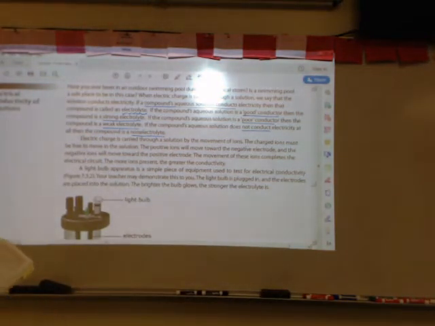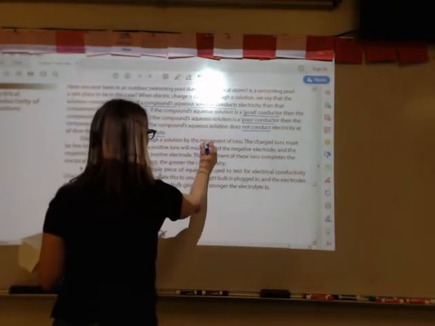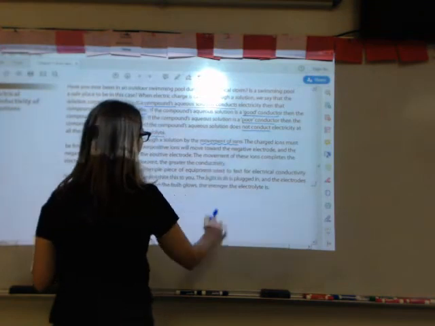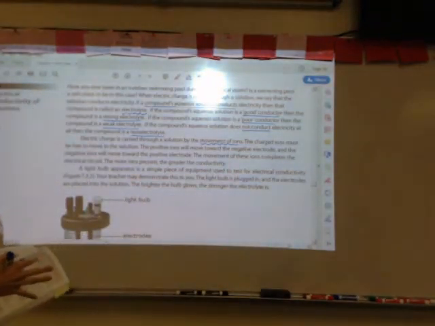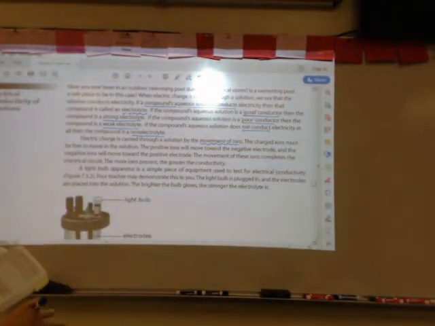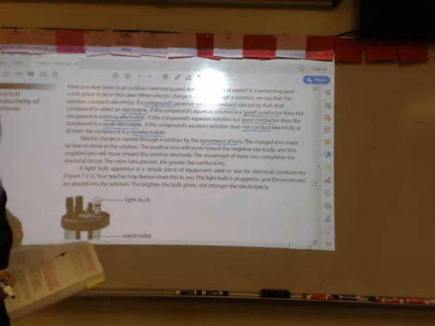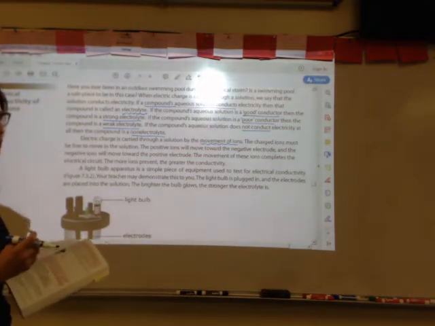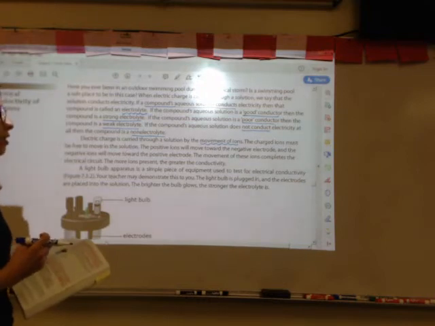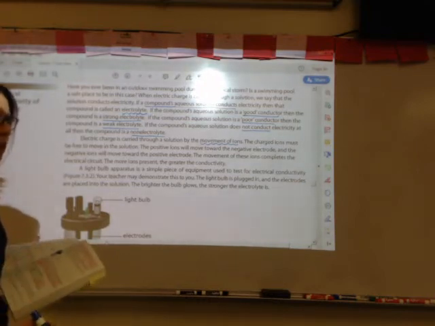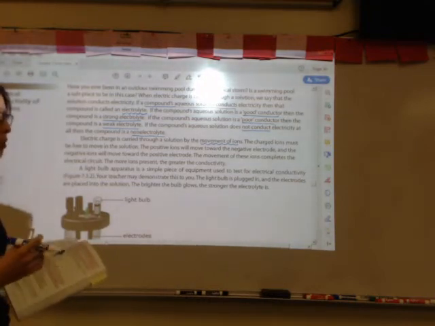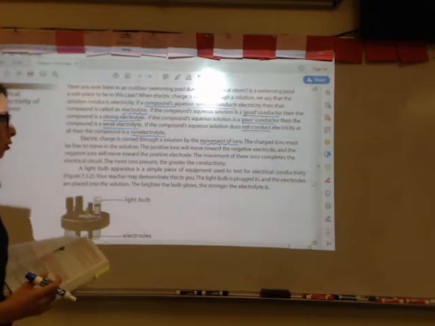Electrical charge is actually carried through the solution by the movement of ions, so you have to have freely moving ions to conduct electricity. Some questions related to this topic will trick you. If you're looking at a solid ionic compound, they do not conduct because the ions are not freely moving. But if they say molten, that means it's melted, so technically the ions are freely moving.